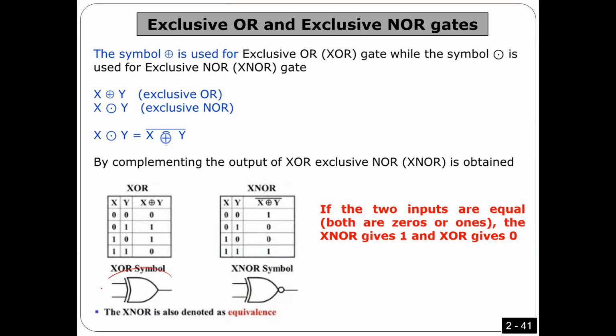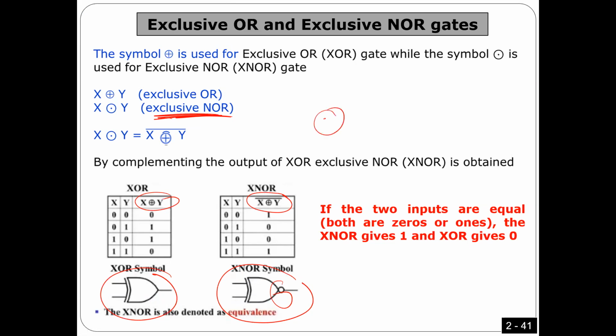Okay, now we have another one, which is a very small variation. It's called exclusive NOR. Exclusive NOR is actually exclusive OR, and then I put an inverter. Even the symbol is the same, I just put an inverter here. So these two are exactly the same thing, but with an inverter.